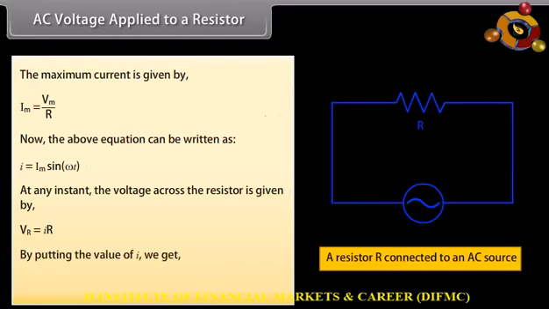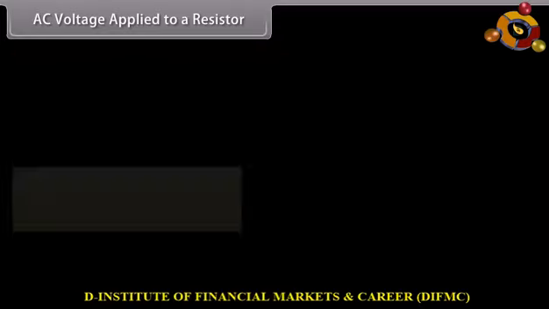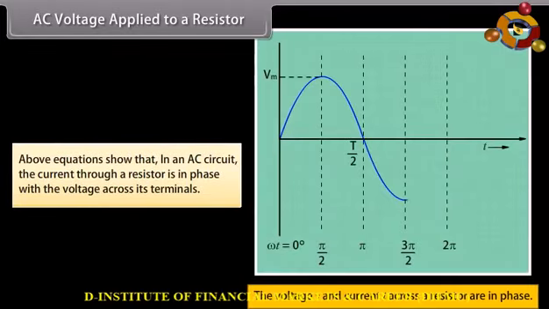By putting the value of I, we get Vr = Vm sin ωt. The above equation shows that in an AC circuit, the current through a resistor is in phase with the voltage across its terminals.